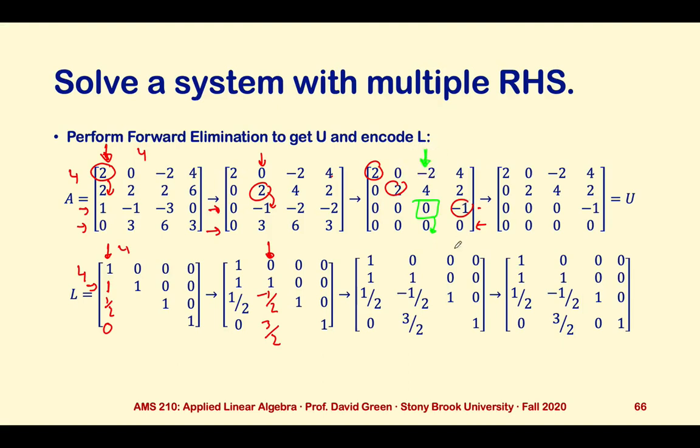We're working on the third column. So how do we fill out the third column of L? The fourth row: we add 0 times the third row to the fourth. We still put in a 0 here to complete our L matrix. Watch out for these little things where skipping a step in Gaussian elimination means we need to fill in the appropriate entry in our L matrix.